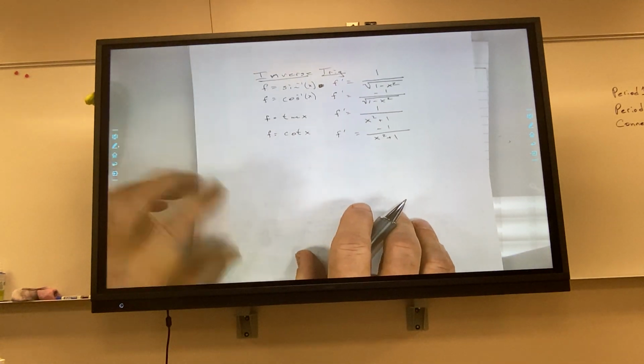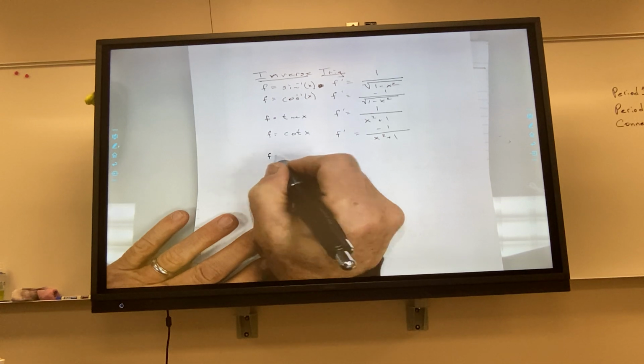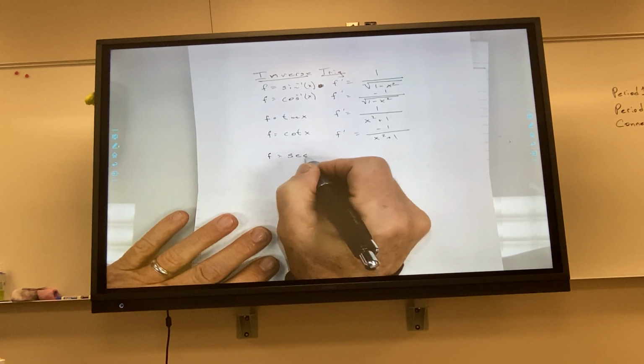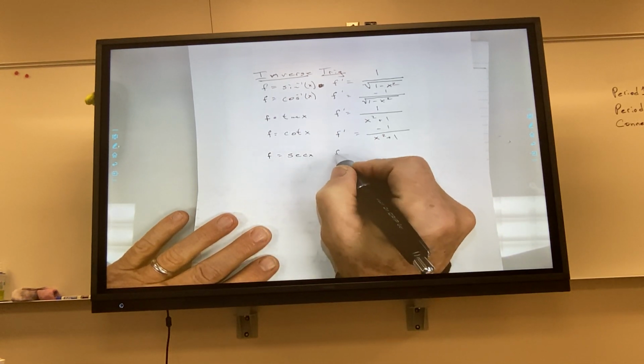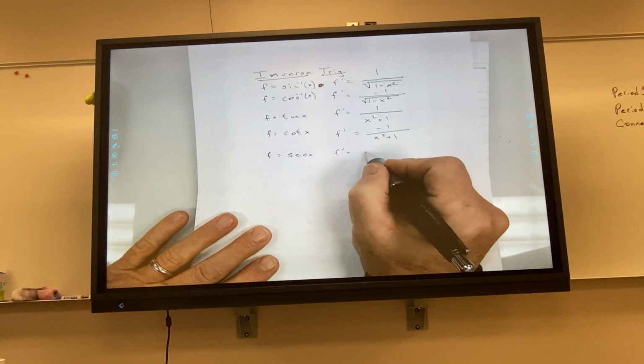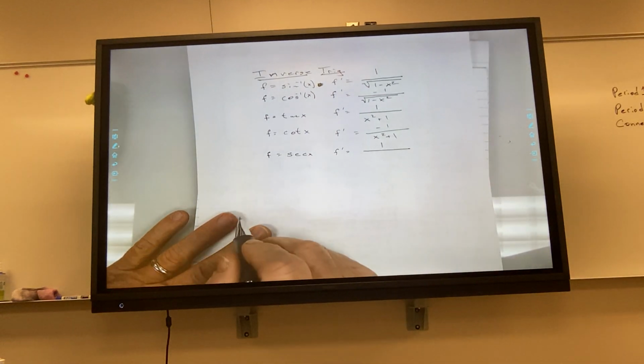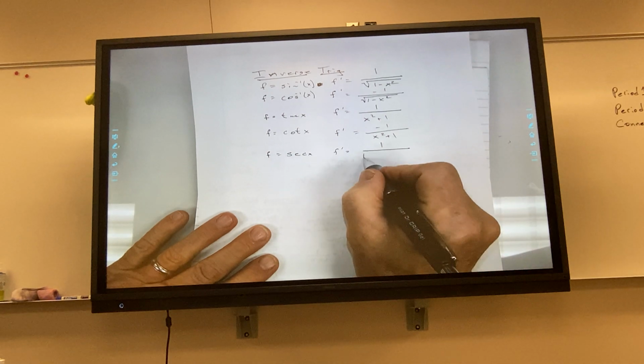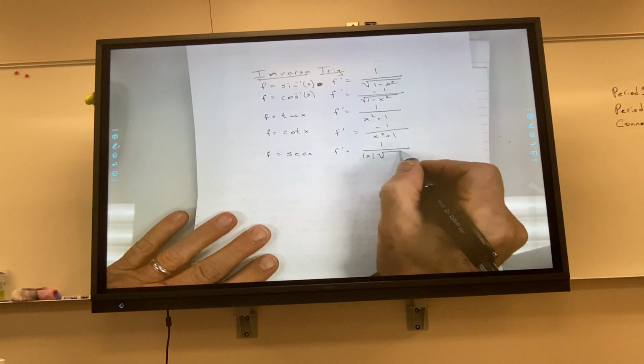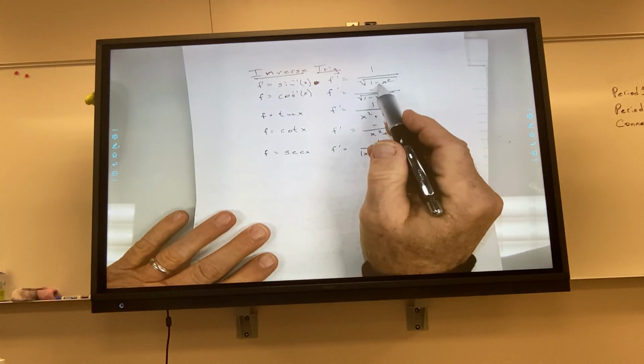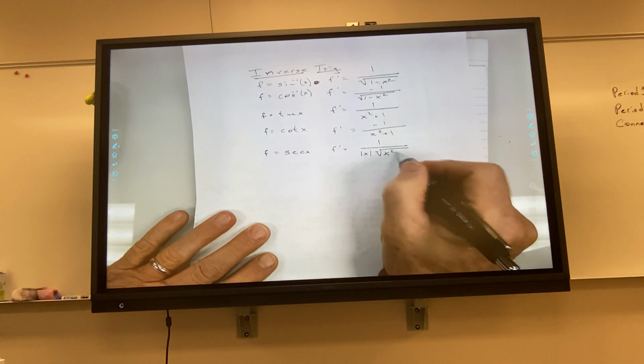Slide up a little bit. We have 2 left. This one is weird, I think. Its derivative is 1 over what? And this is reversed here, isn't it?